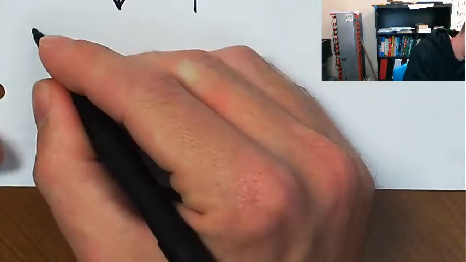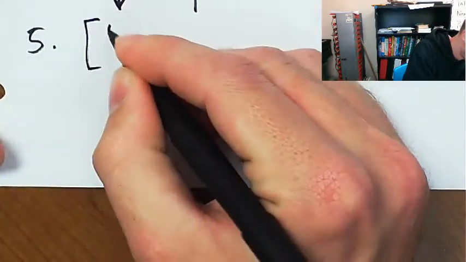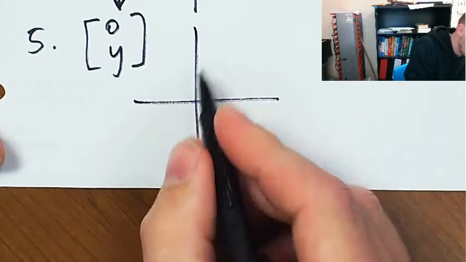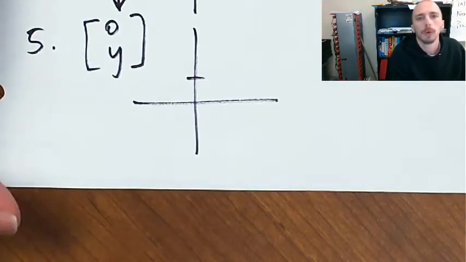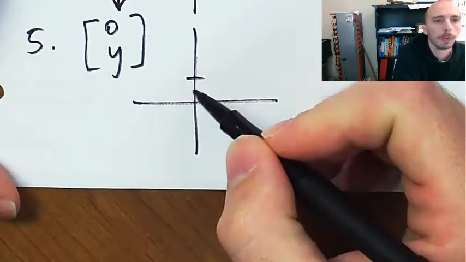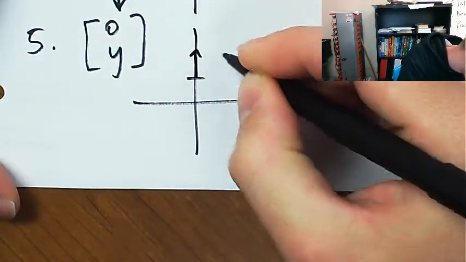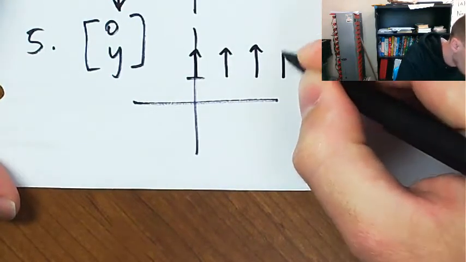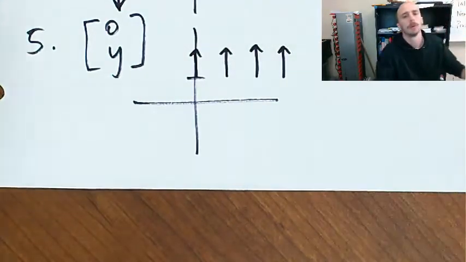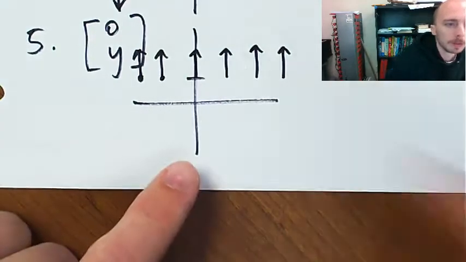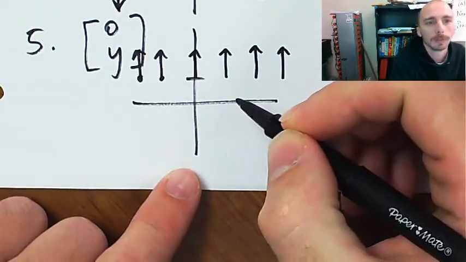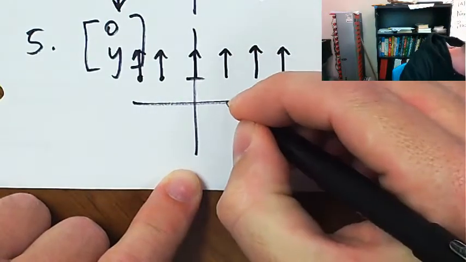Next is 0, 1. At a given y coordinate, we're always going to have the same vector. So y equals 1, I'm going to have the vector 0, 1. And down here where y is smaller, it's going to be a shorter vector.